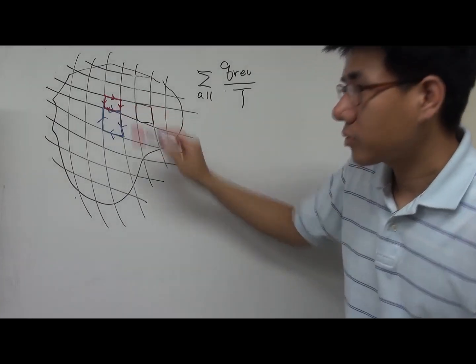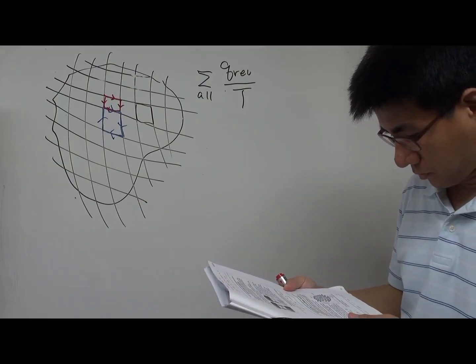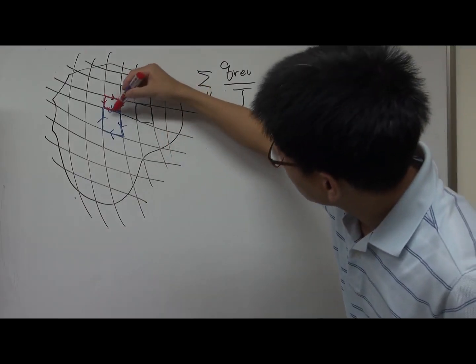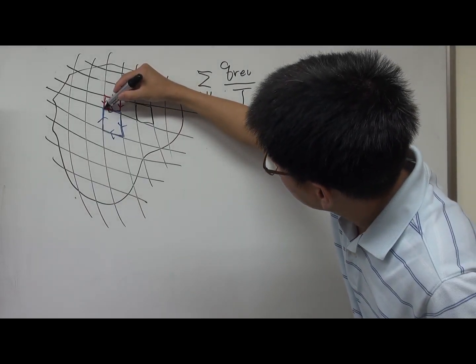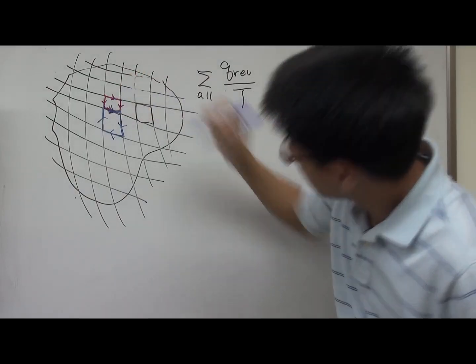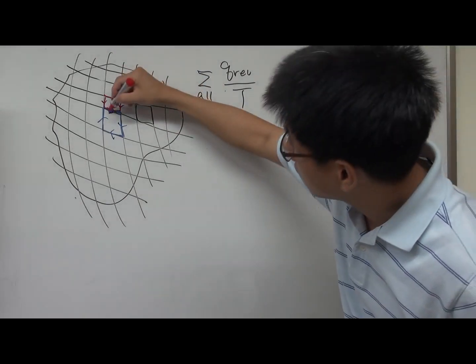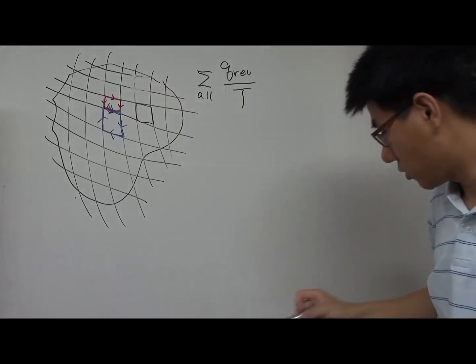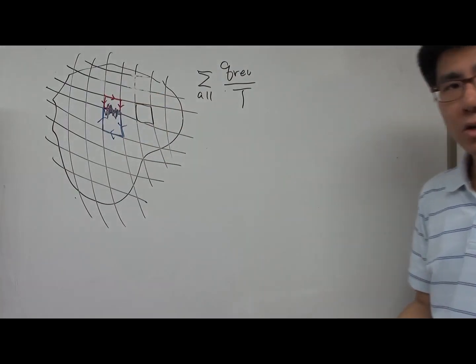And when these two cycles meet together, the direction of the integration here for the blue one is from left to right. For the red one, the direction is from right to left. So it automatically cancels out. We don't really need to calculate it.